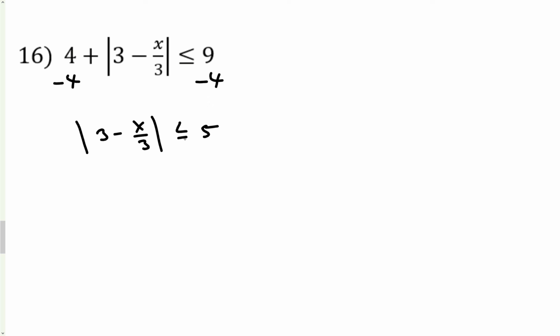Now, because this is a less than, this becomes an and inequality, which means a conjunction, which just affects our answer a little bit. But the technique for these is to solve it with the positive case, and, 3 minus x over 3 with the negative case, but you reverse the sign of the inequality as well.